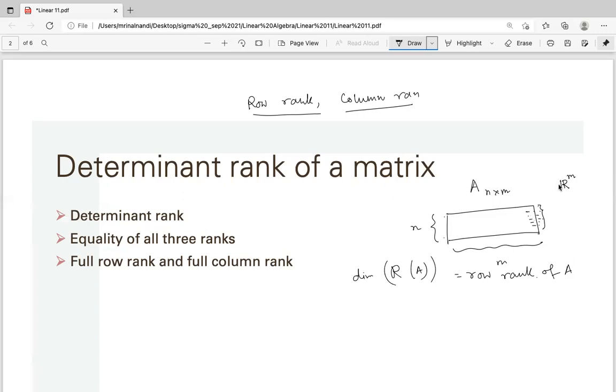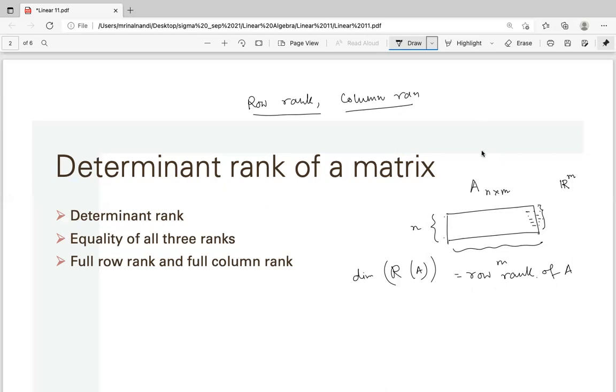The elements of the rows are elements of Rm. There are n rows, that means n vectors from Rm. The linear span is called the row space, and the dimension of the row space is the row rank.